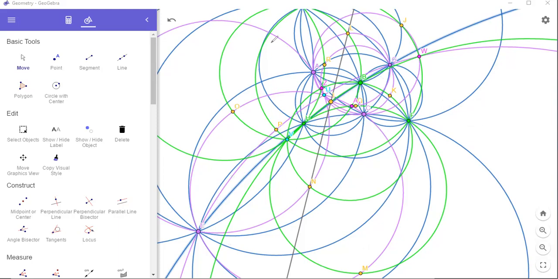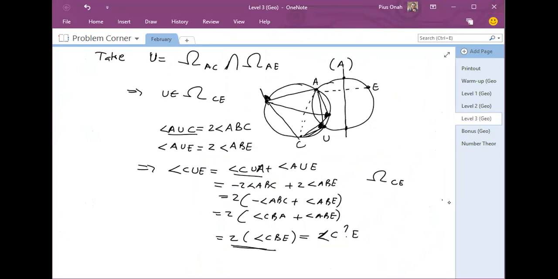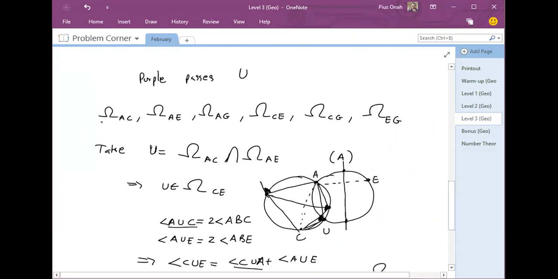All right, so let's get back to what we're doing. Now this means if we have any two of these circles intersecting at a particular point, and those two circles already share a point among the purple ones, then the third circle will follow.